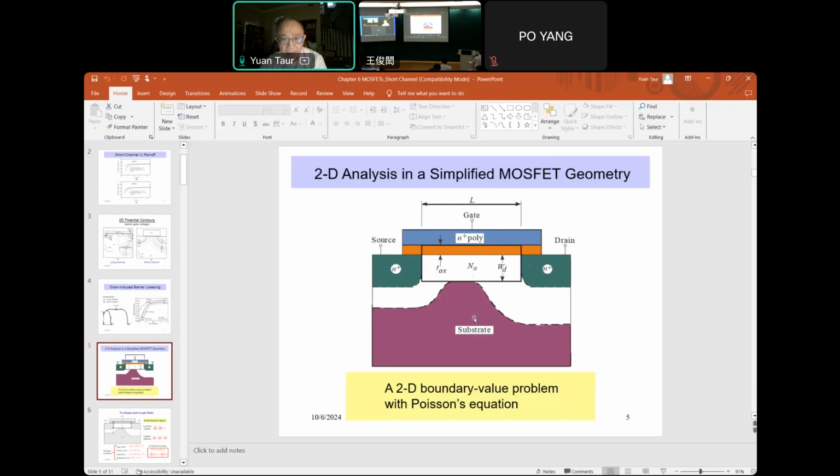But also we restrict it to subthreshold. Above threshold is harder to model, because then you have mobile charge. That's an essentially nonlinear, exponential function, and then you cannot apply superposition, as we will describe later. So we consider the subthreshold region and simplify the MOSFET into this rectangle, and then we try to model that.